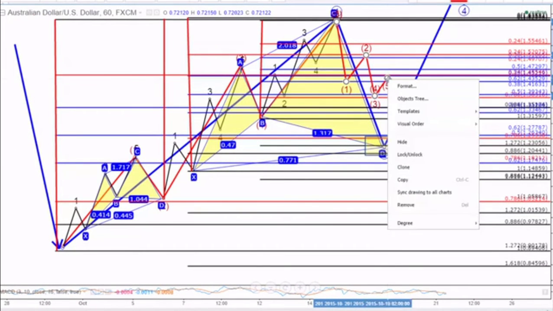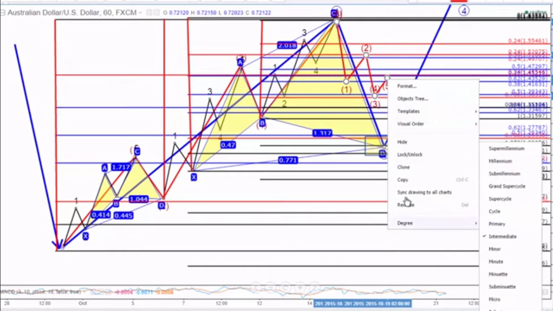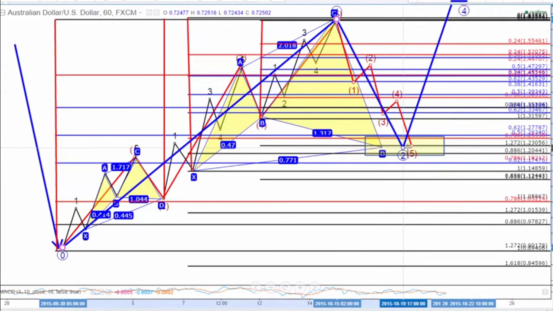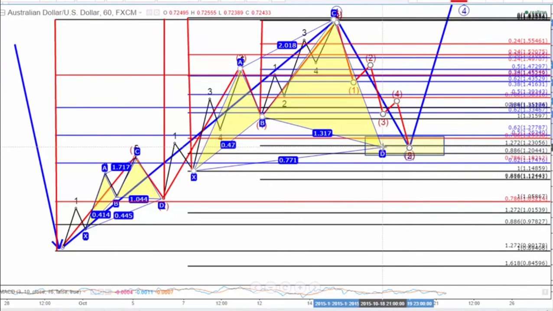I didn't mean to do that, so we'll fix that. Let me just do that again. So the market comes down in its own wave structure. For example, let's just move this here and make everything pretty.